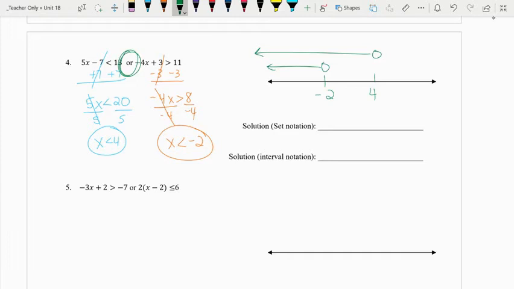So that means we would start from the 4 and go all the way left, because one, the other, or both lines have to be above your number line. So set notation is x such that x is less than 4. In interval notation, farthest left is negative infinity, farthest right is 4, not included, so it's a parenthesis.